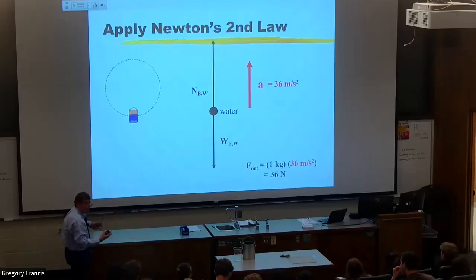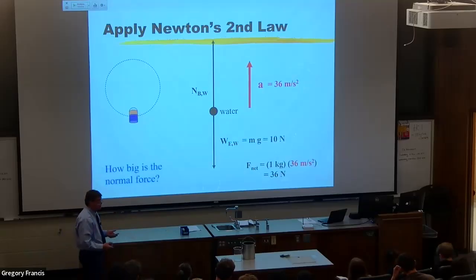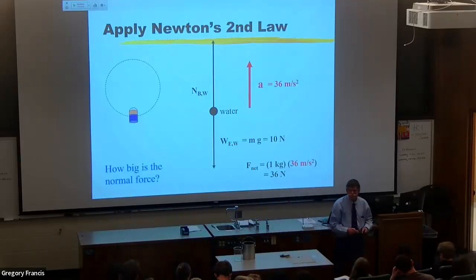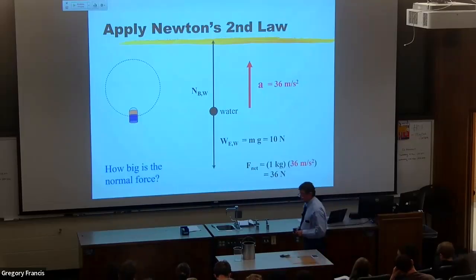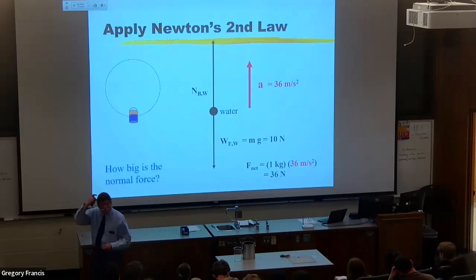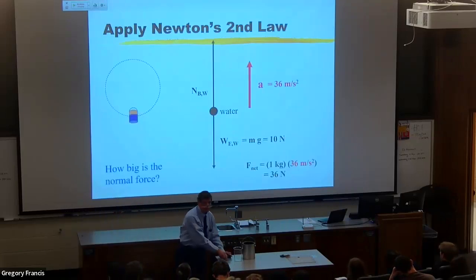My diagram has to scream up by 36 newtons, and I still have 10 newtons down. So how big does that normal force have to be at the bottom of the swing? Tell your neighbor real quick. Yeah, it's got to be 46 newtons.